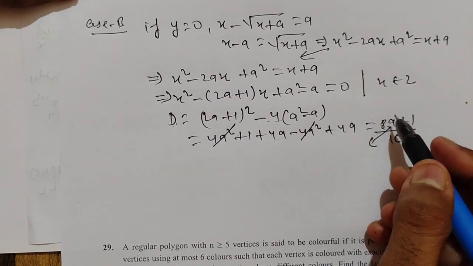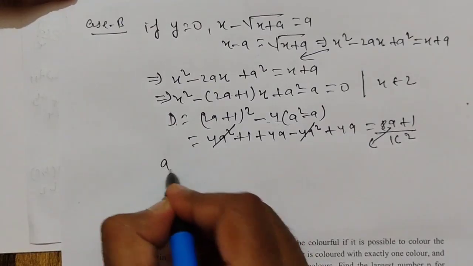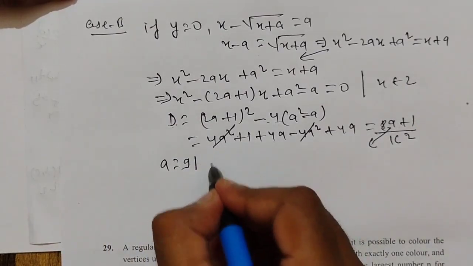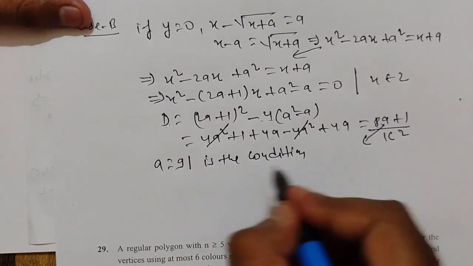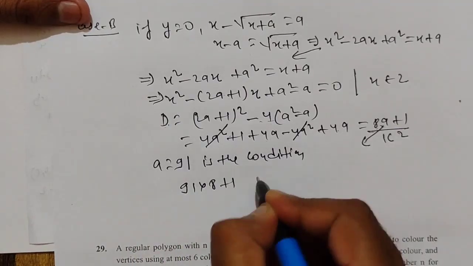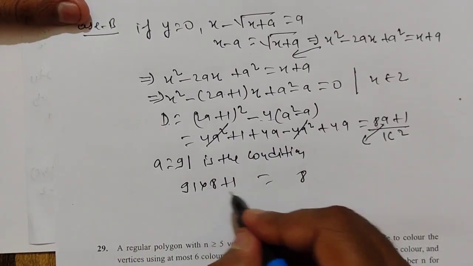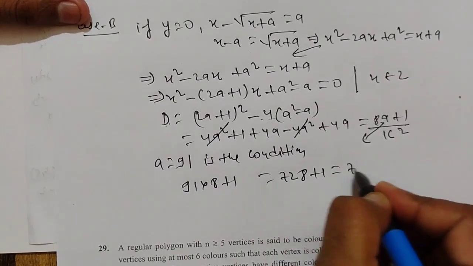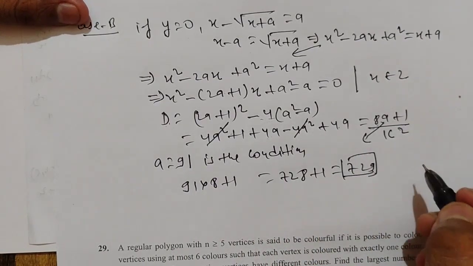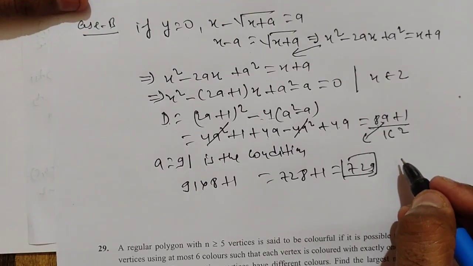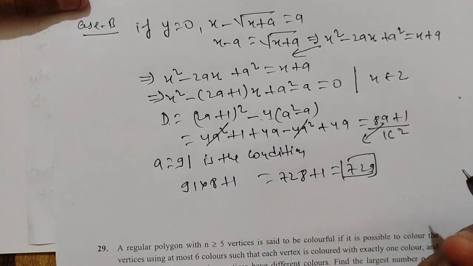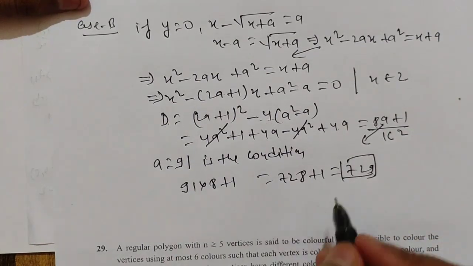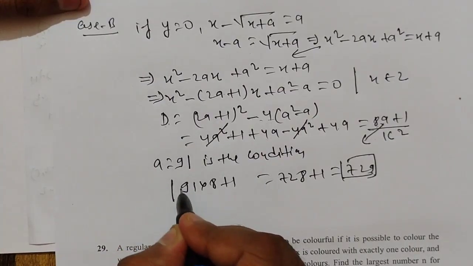So here a is equal to 91 is the condition, as 91 into 8 plus 1 is 729, which is a perfect square, and now we can write the largest possible value of a is 91.